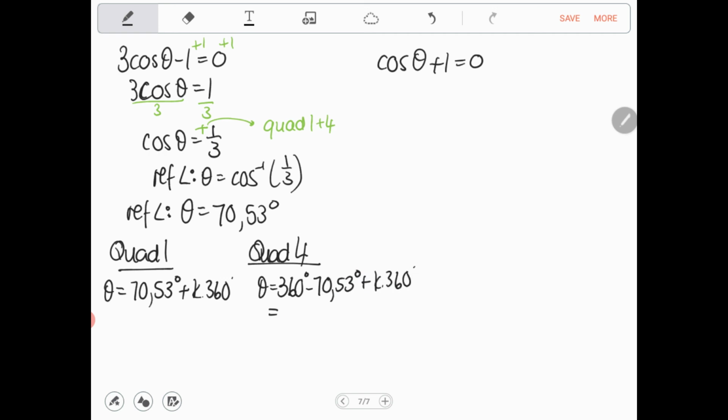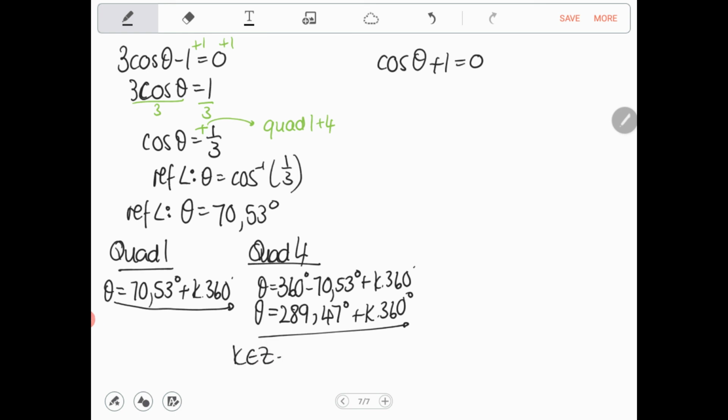All right, so when we do that, we're going to end up with 289 plus k lots of 360. Okay, so those are the solutions from your 3 cos theta minus 1 is equal to 0.